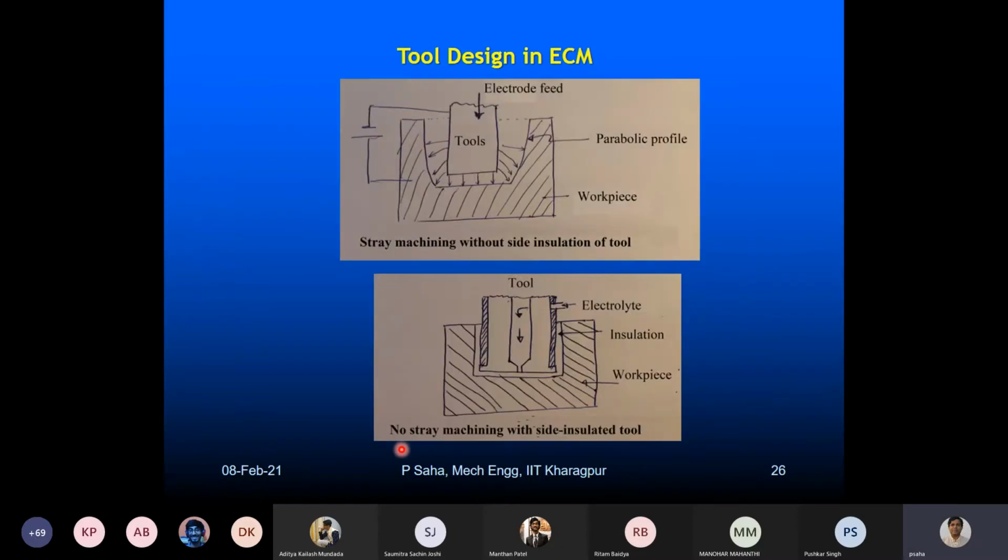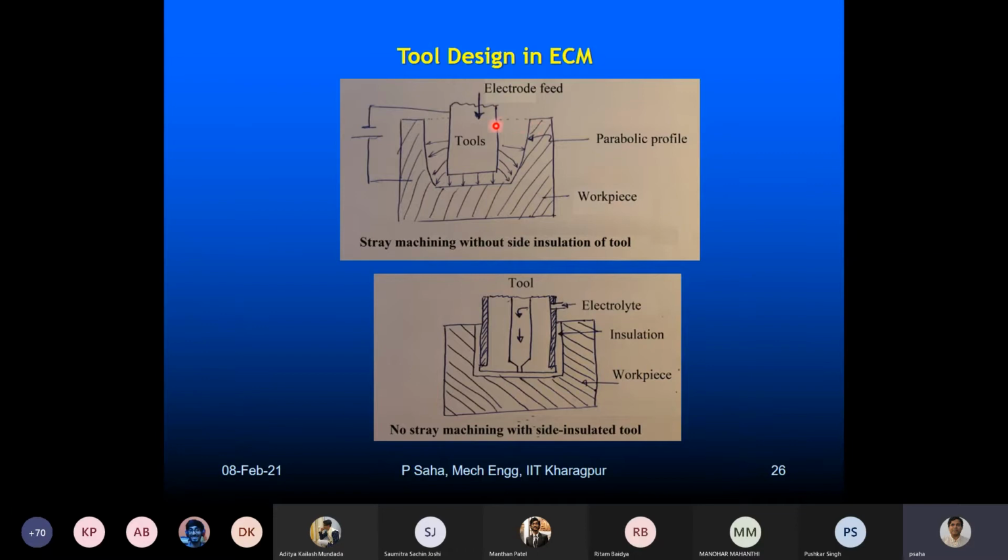Now, what about insulation? Suppose you are using die-sinking ECM, which means the tool, out of this initial rectangular block of job, is gradually machining, gradually sinking and creating this cavity.